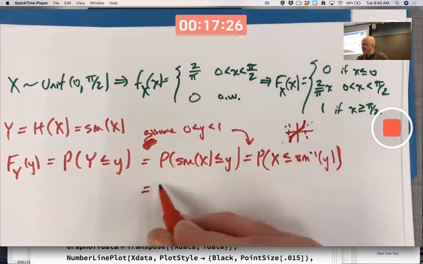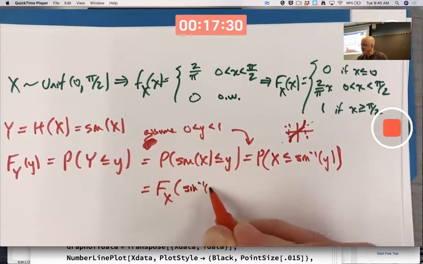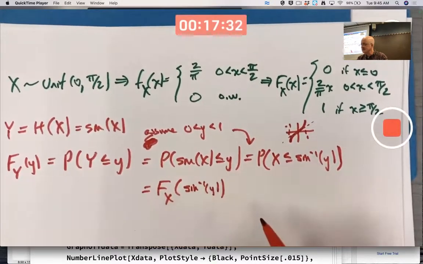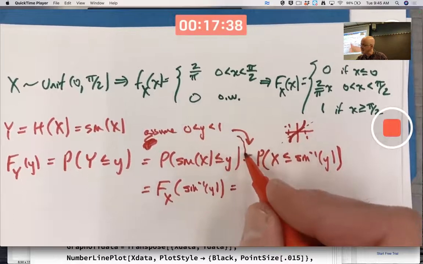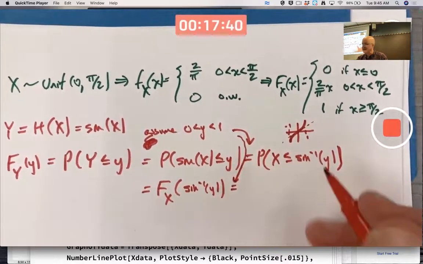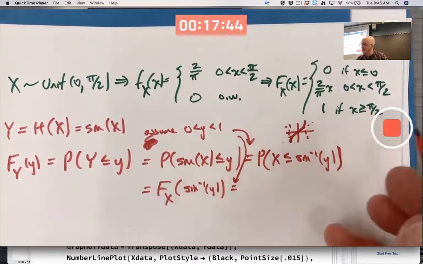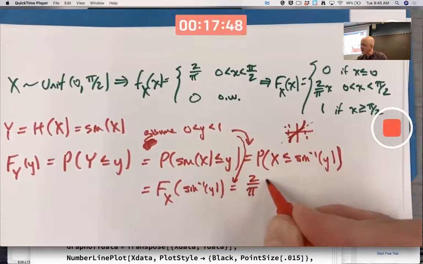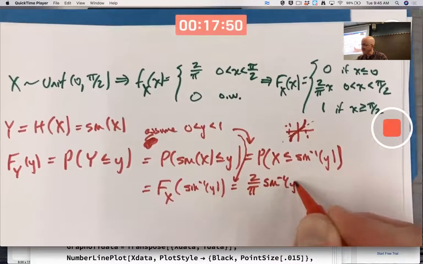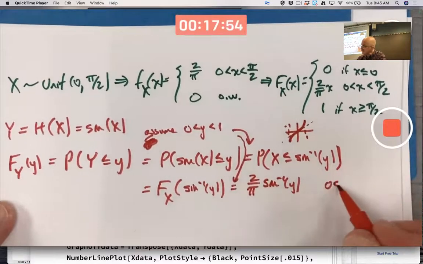And this is capital F sub x of the inverse sine of y. And I guess here's where I'm really using the fact that y is between 0 and 1 fully, in saying that in that case, the inverse sine of y is between 0 and pi over 2, and therefore I can use this formula and get 2 over pi times the inverse sine of y. Y is between 0 and 1.